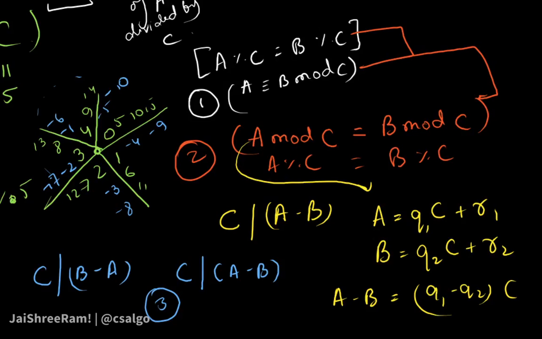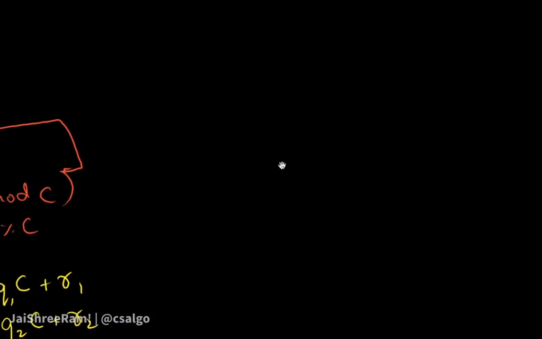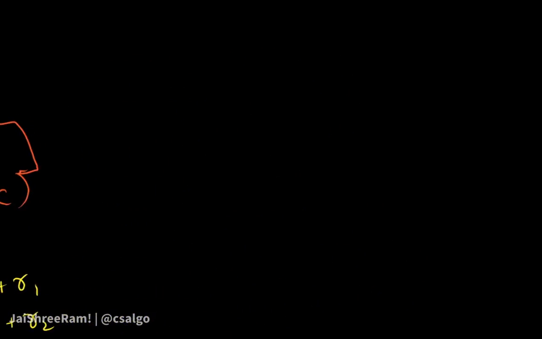Now with these things in place, let's look at some properties that these follow, because these are the properties that we are going to use when we are computing numbers in programming. So let's quickly note down some properties. What happens if we want to find A plus B modulo C?